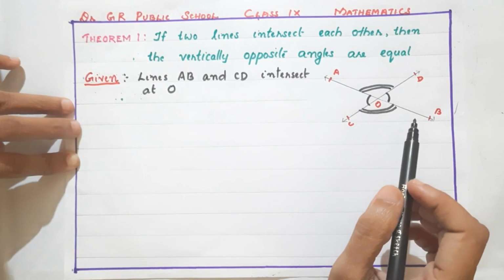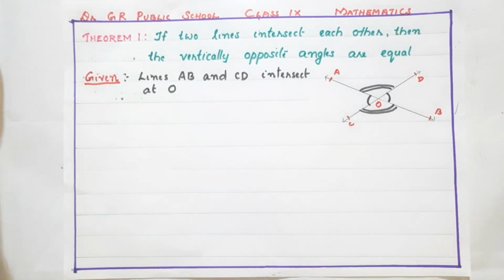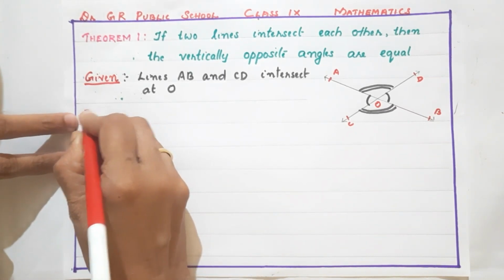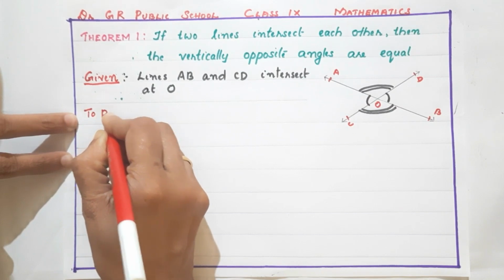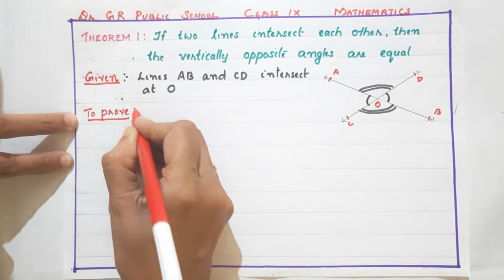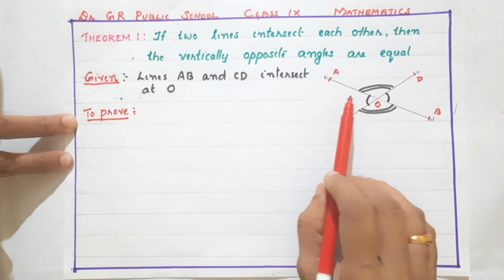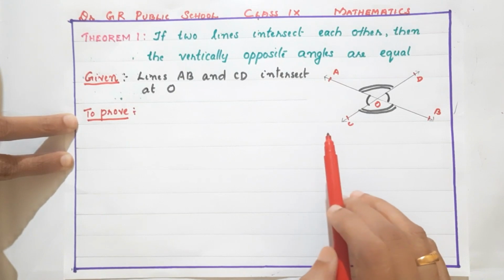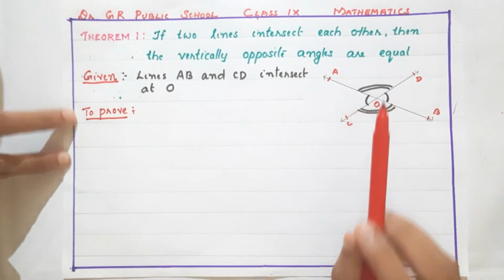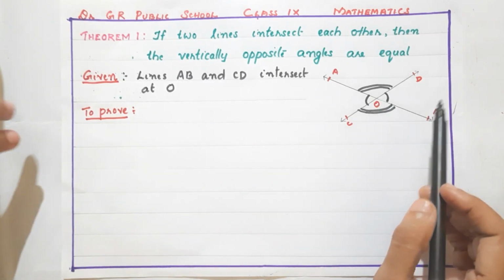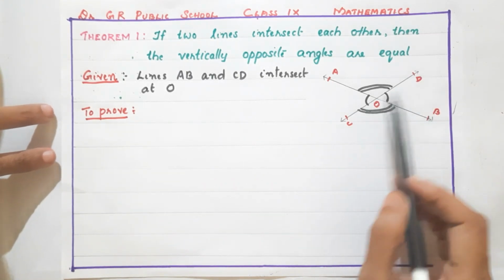Now what is to be proved? Vertically opposite angles are equal. So now next heading, to prove. We have to prove vertically opposite angles are equal. Now we know the names of the vertically opposite angles. Which is the first pair? AOC is equal to BOD. One pair.